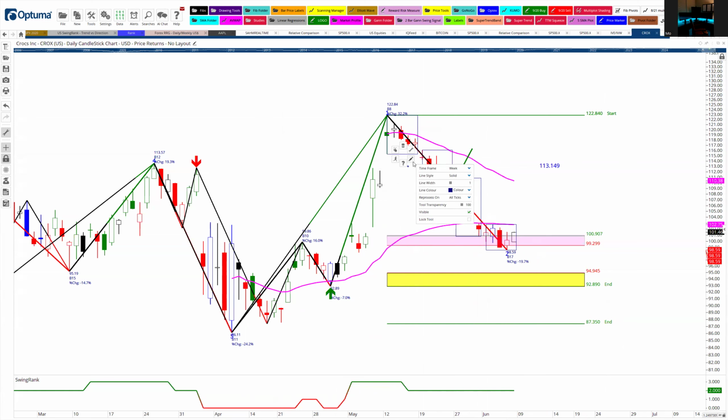Finally, it gapped up yesterday and closed above this 200 EMA. The 200 here on this one is 417 on the diamonds.